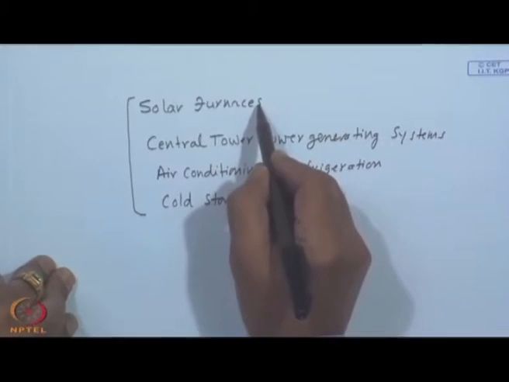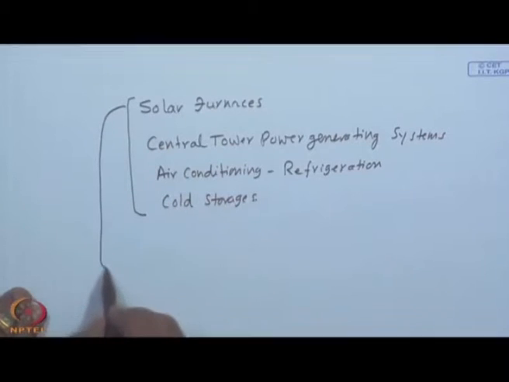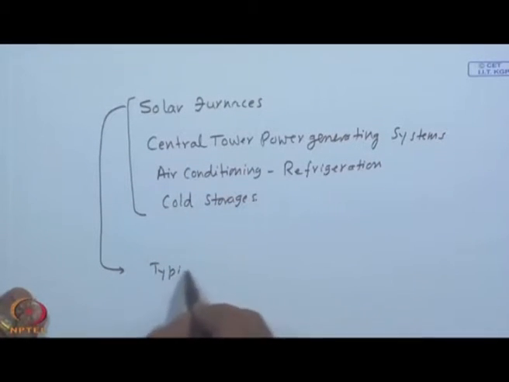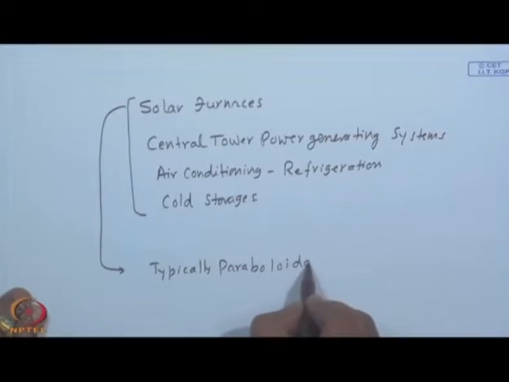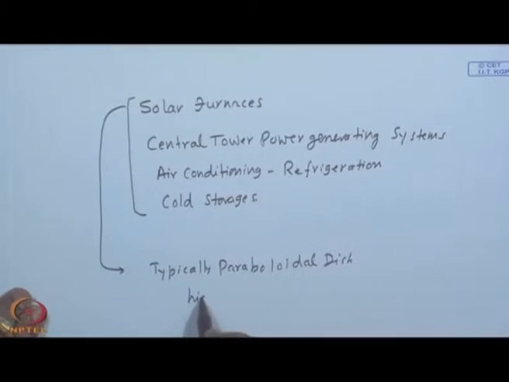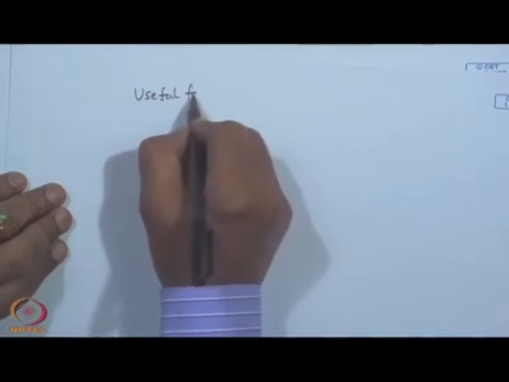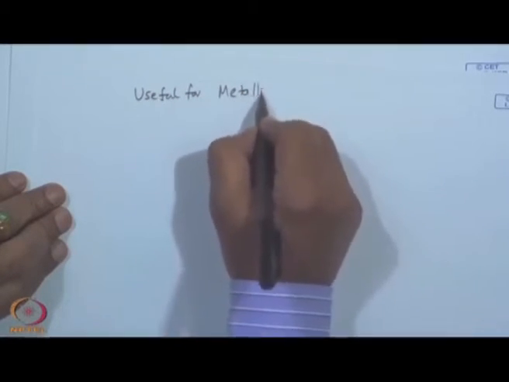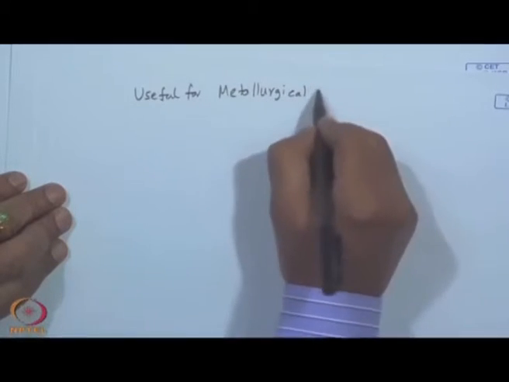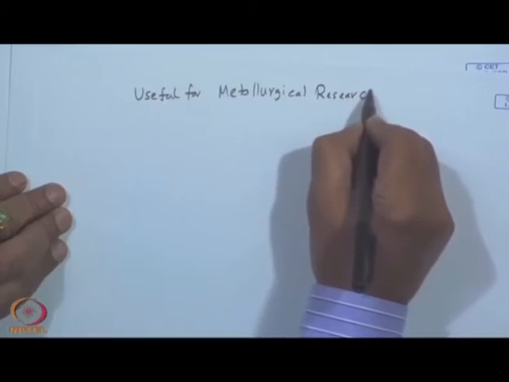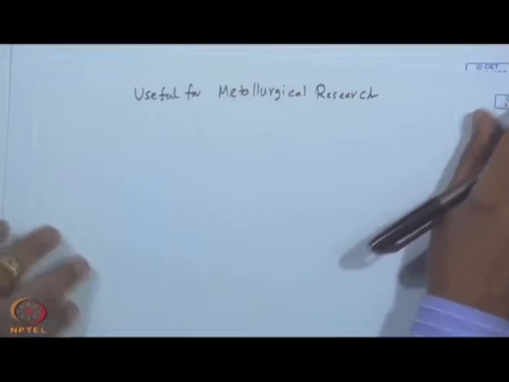And if you have got solar furnaces, it is typically a pyramidal dish, high concentration ratio, and is useful for metallurgical research, because there will be no contamination, and also since they are small quantities, you can afford to have a furnace.